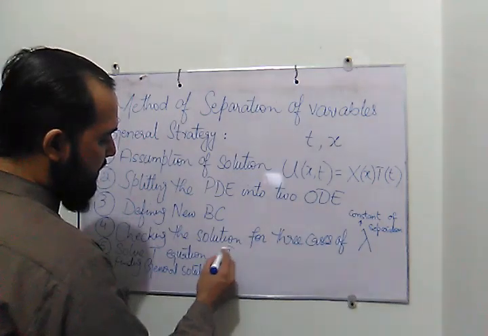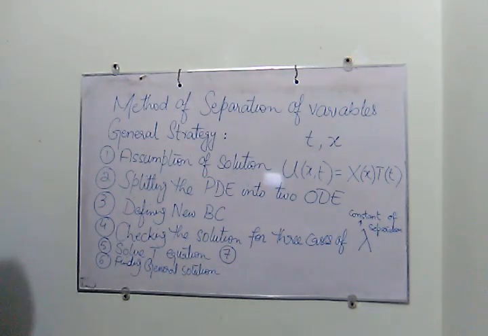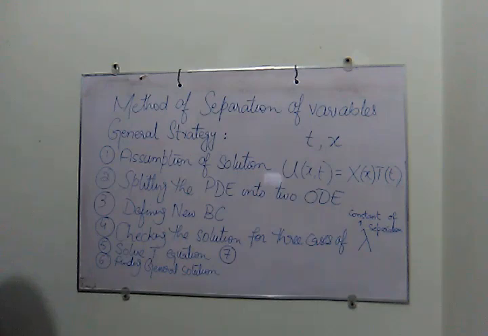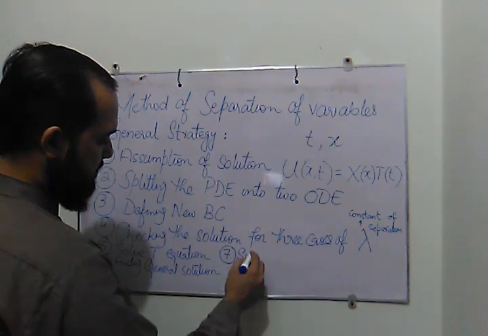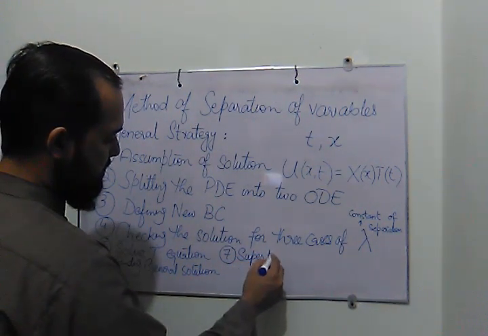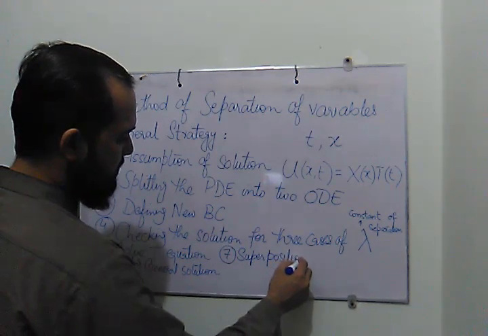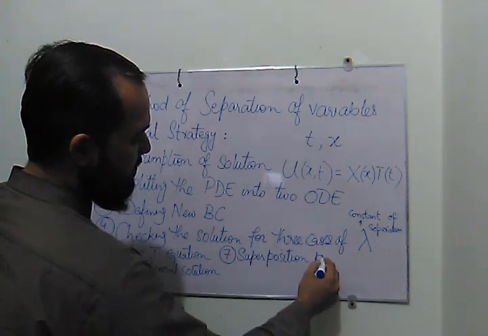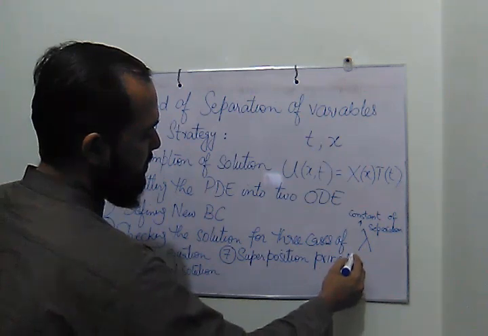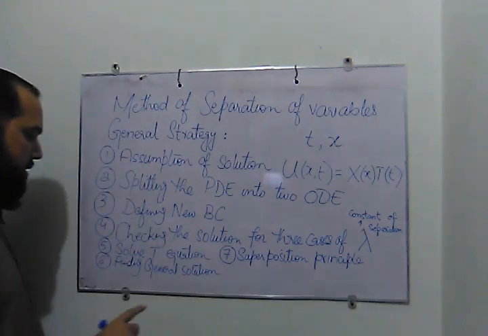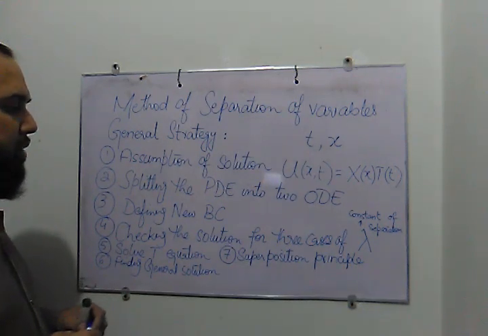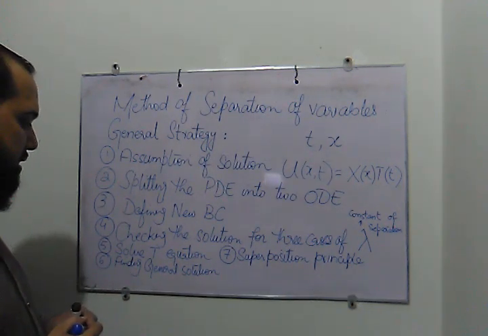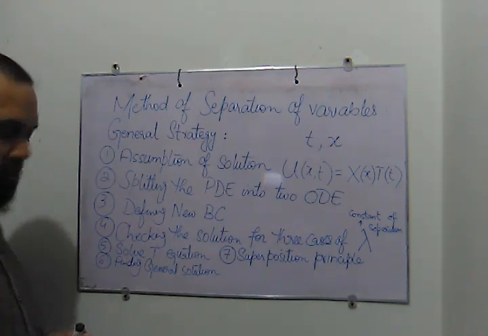In step number 7, we take the general solution and apply the superposition principle. And the general solution, when we apply the superposition principle, will be the correct general solution.